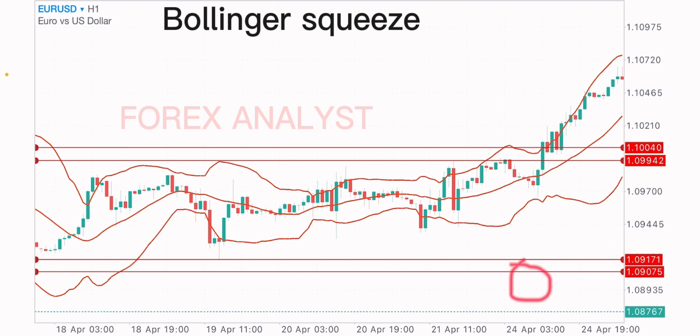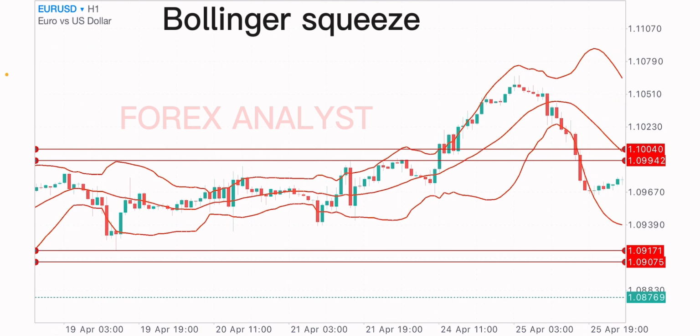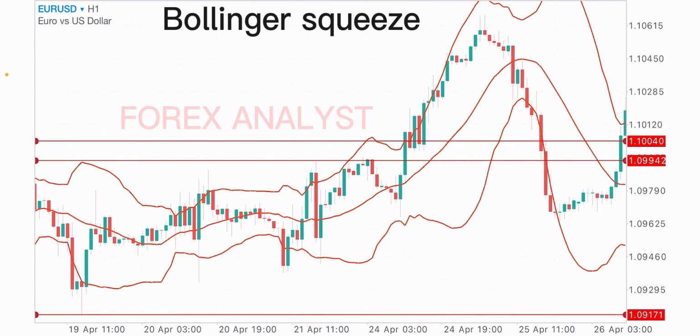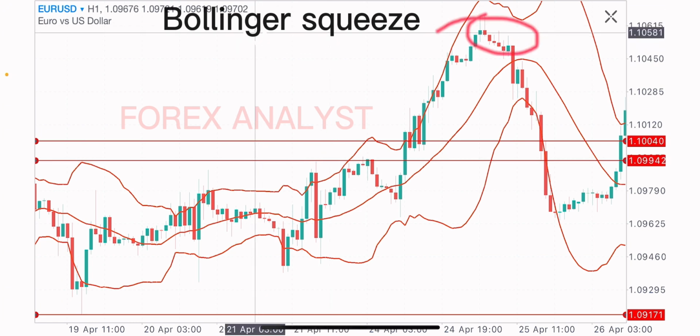When the candlestick hits either of the 10 pip levels, the one below or the one above. In this case, the candlestick hit the highest point after we added 10 pips to it. That means the breakout has already happened. Then we can buy from there and ride it. Can you see the market move up to this point here? We would have grabbed a number of pips and made a huge profit from this trade.